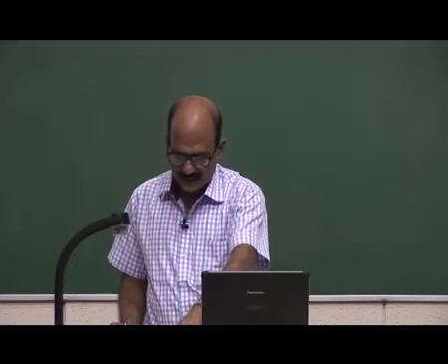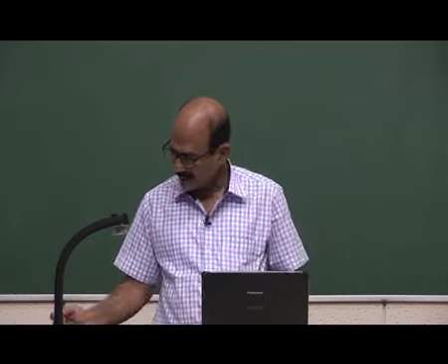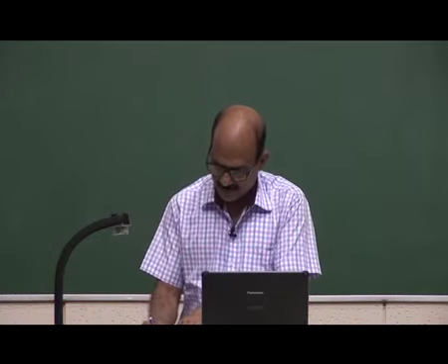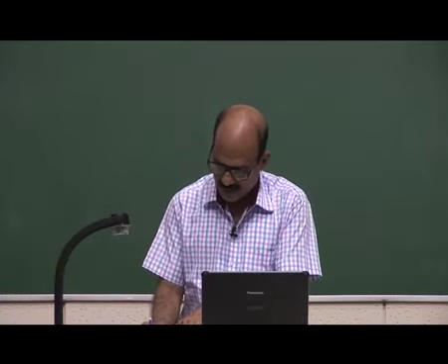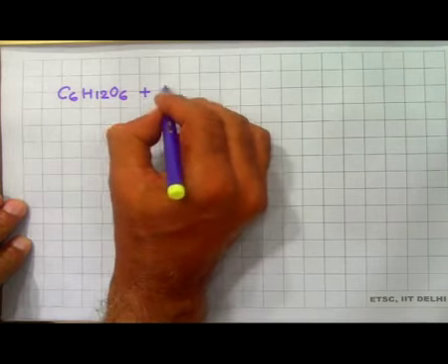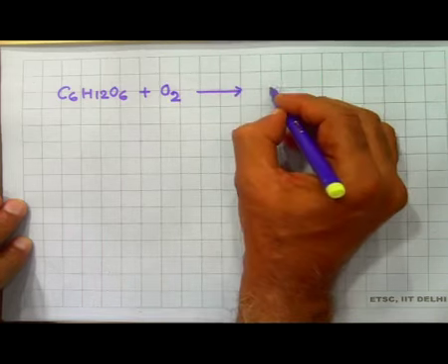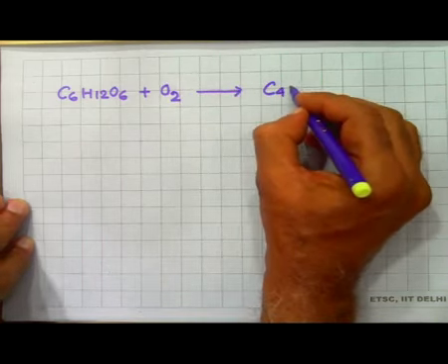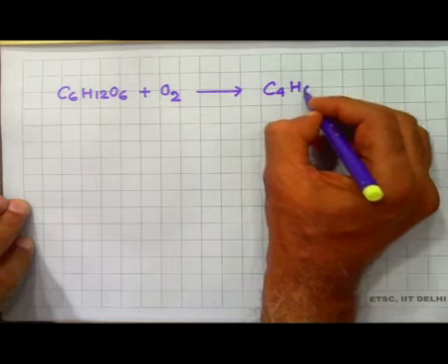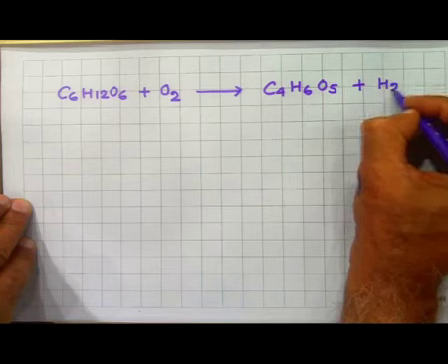Okay. Let us consider another reaction, like C6H12O6, when combined with oxygen, it forms malic acid and water.